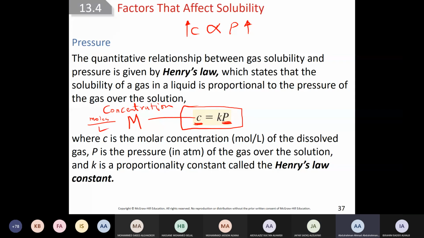And what's P? Pressure. What's the unit for pressure? Pascal or atmosphere, but we're going to use atmosphere more. And what will be the unit for K then?